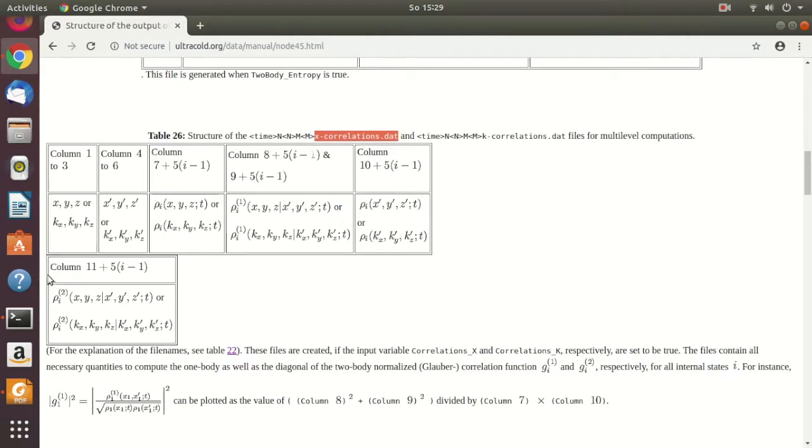And column 11 is the real part of the reduced two-body density matrix, which is a real number. So now we have the structure of the x-correlations.dat files.